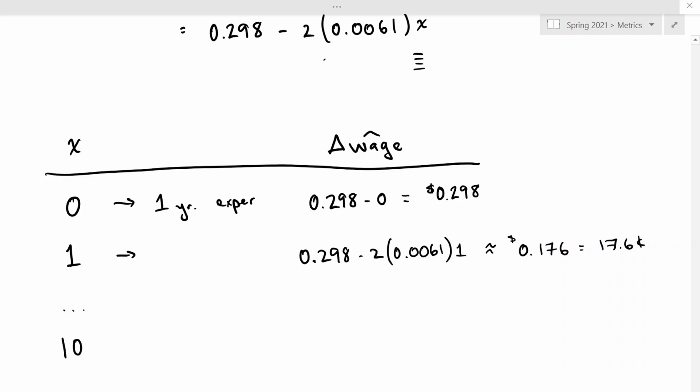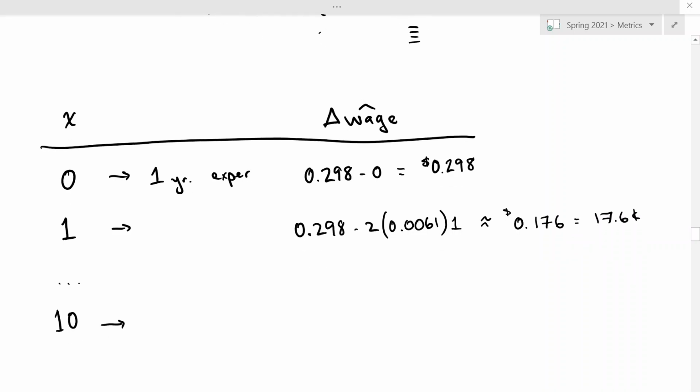If we start out here at 10, so you're going from 10 years to 11, you would do 0.298 minus 2 times 0.0061 times 10.